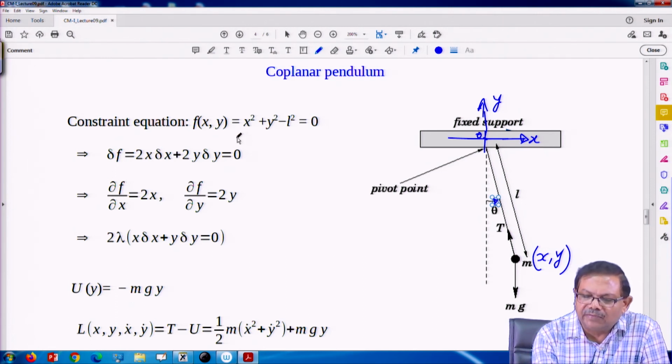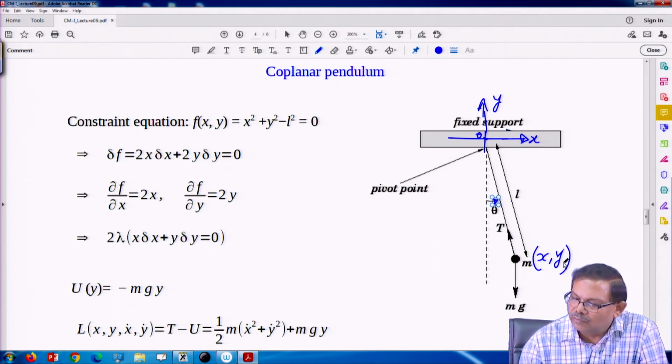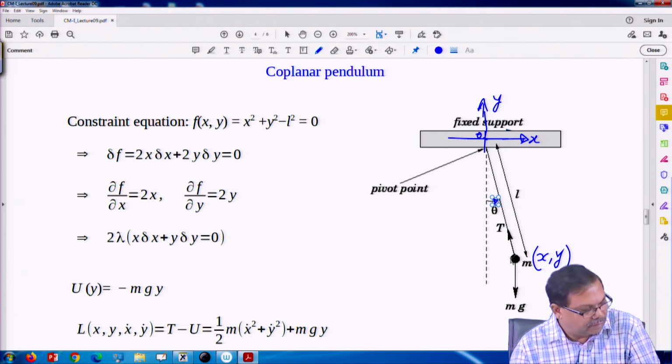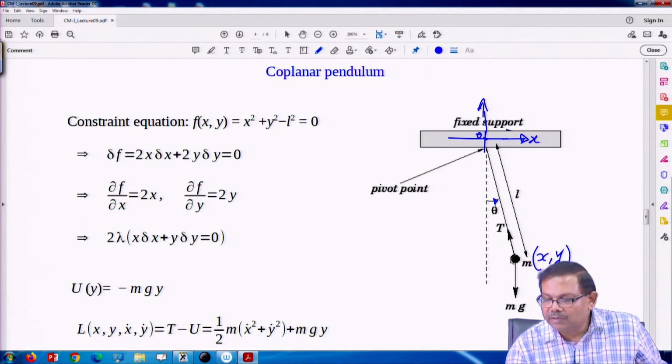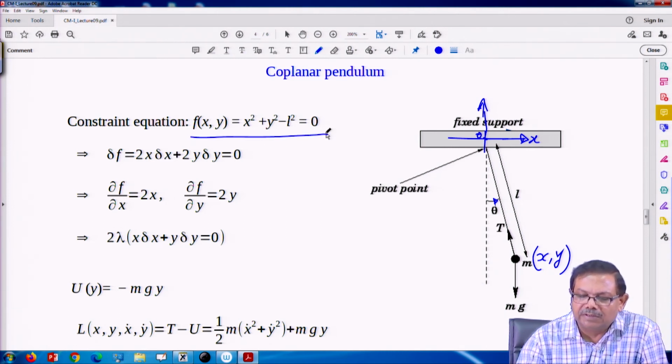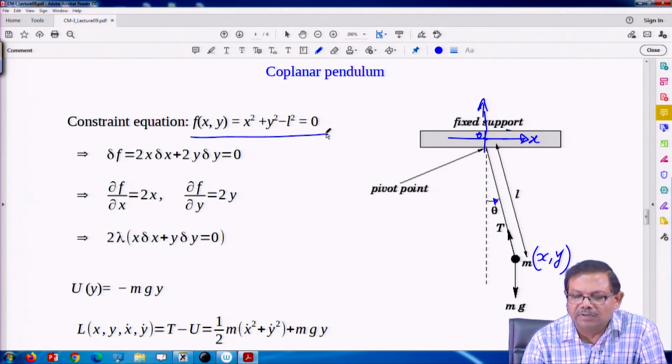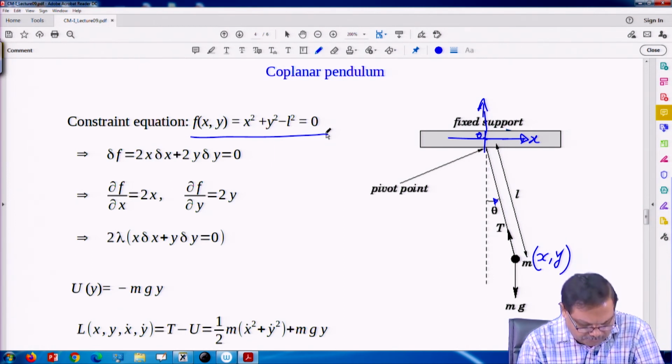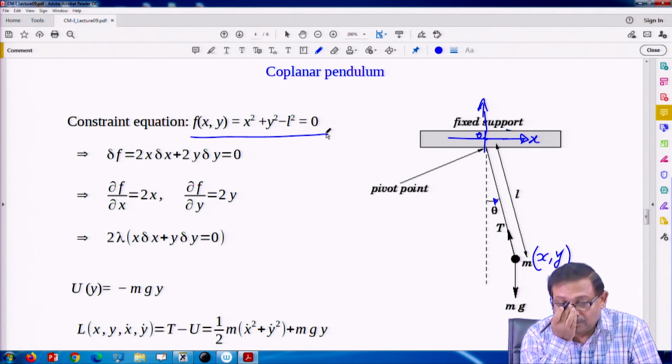So, the constraint is x square plus y square equal to L square, that is my equation of constraint. So, the holonomic constraint equation I get is x square plus y square minus L square equal to 0.